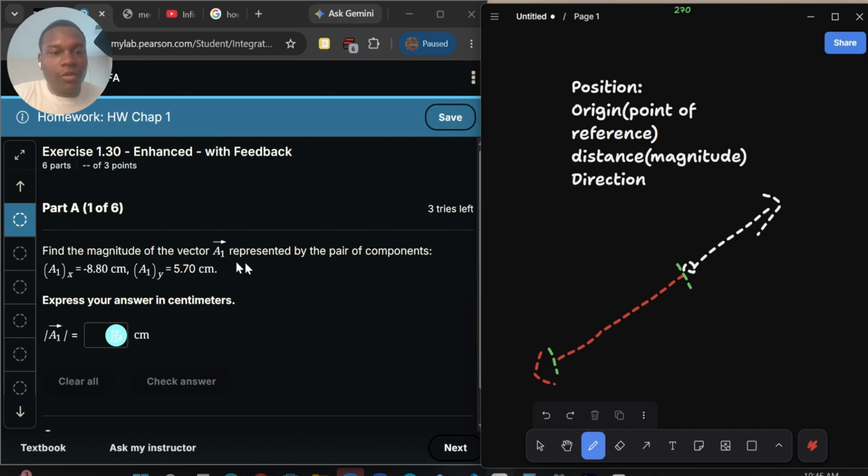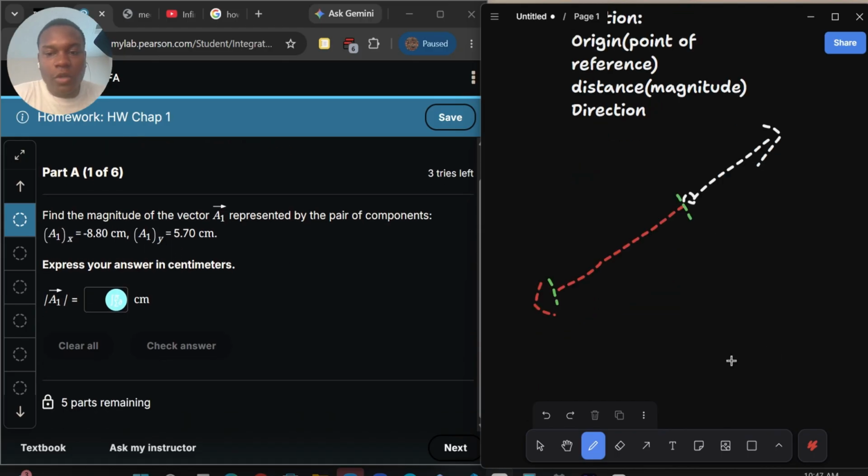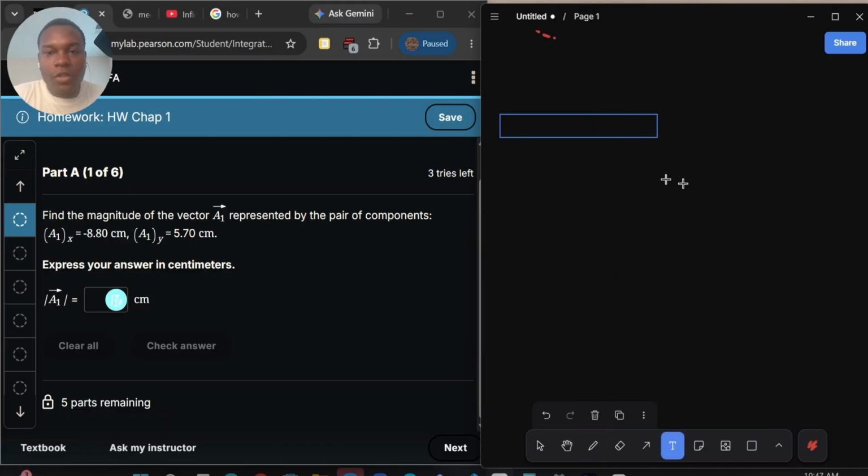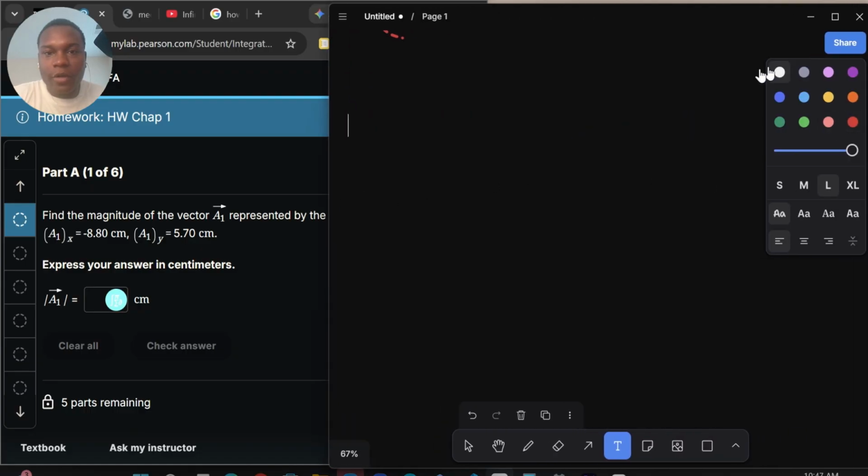Find the magnitude of vector A sub 1 represented by the pair of components AX. We're always going to start from what we have, no matter if you can do the math or not, just to make a habit of it.